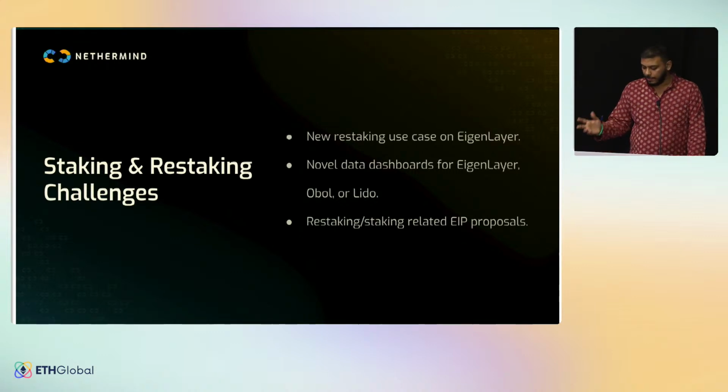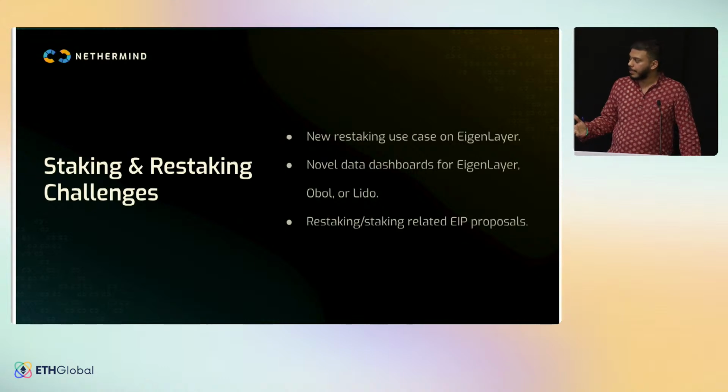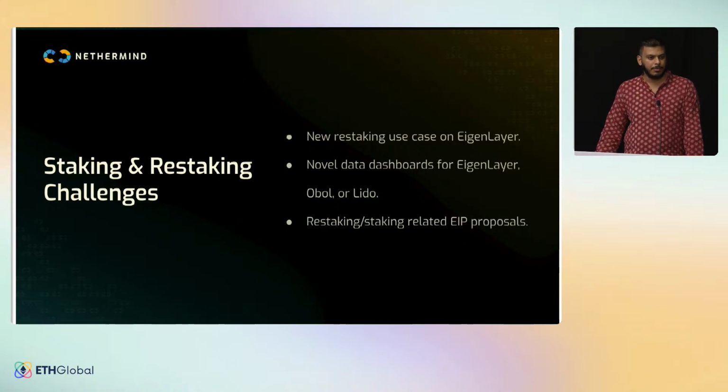And also, there's restaking related EIPs. What we mean by that is restaking by itself brings a lot of risk to Ethereum, and we can minimize that if we change Ethereum to specifically be safer for that. For example, when your Beacon Chain stake gets slashed on Eigenlayer, the Ethereum Beacon Chain is not even aware of the slashing.